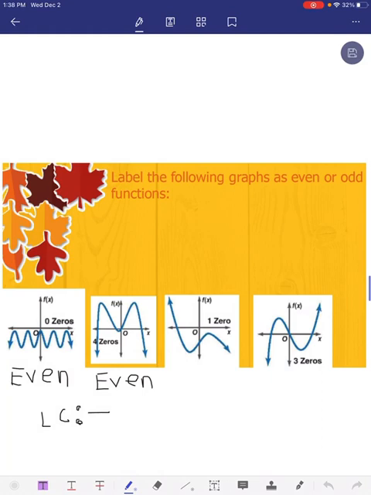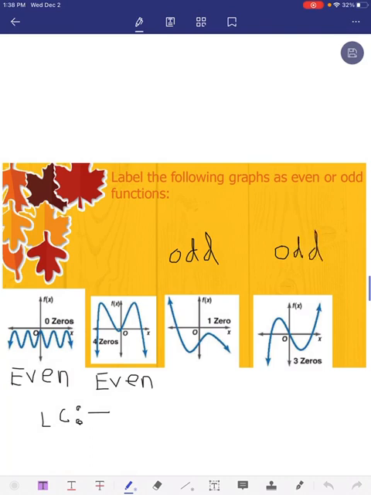On our next one, notice that I have 1 zero, which means that we at least have to have a degree of 1, but our ends are pointing opposite directions. So this tells us that it's going to be an odd function. On our next one, we have 3 zeros, so it at least has to be a degree of 3.